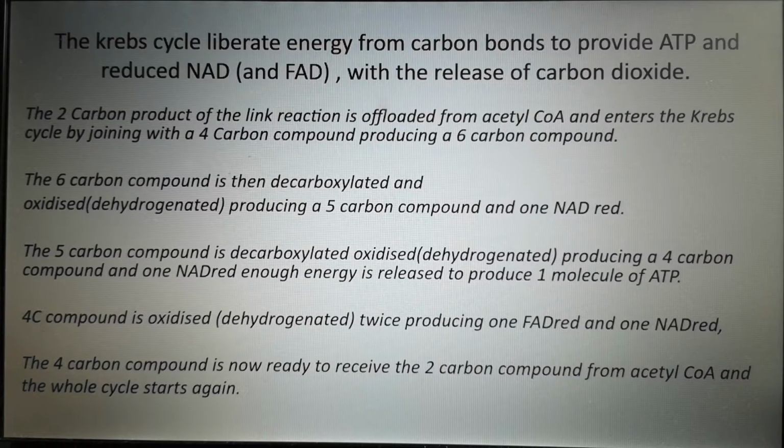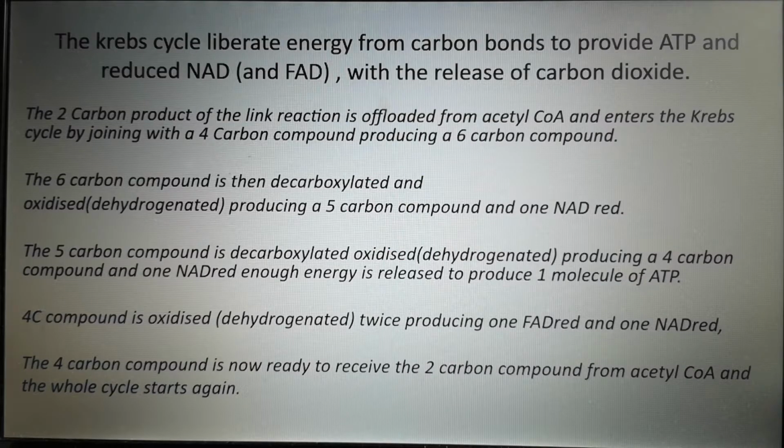It's oxidized or dehydrogenated twice, and that produces 1 molecule of reduced NAD and another molecule of reduced FAD. FAD is just another coenzyme carrier, and we don't need to worry about it apart from knowing that it carries electrons until we get to the electron transport chain, and then you will see why FAD is different to NAD.